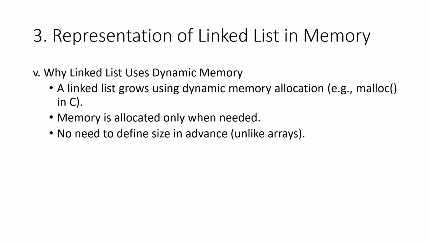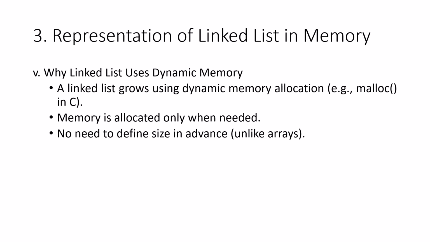A linked list uses dynamic memory allocation, which means memory is created only when we actually need a new node. For example, in a C program, we use functions like the malloc function to allocate memory during runtime.